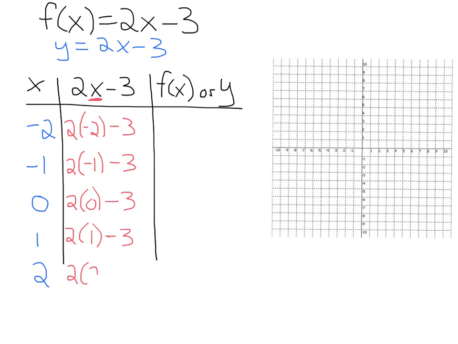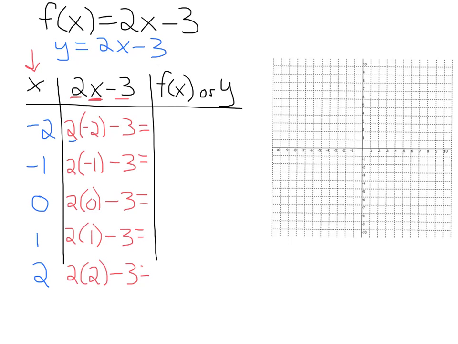And 2 times 2 minus 3. So just notice I always have 2 times x, and then the number comes from my x column, and then I always have minus 3. So now I just have to figure out what all of these equal, and I will get my y values.